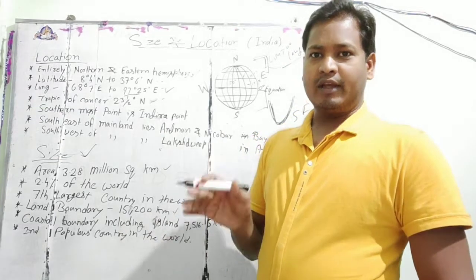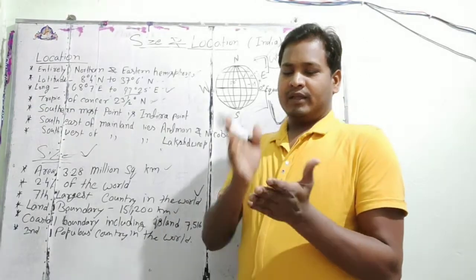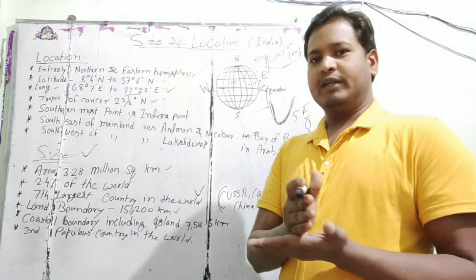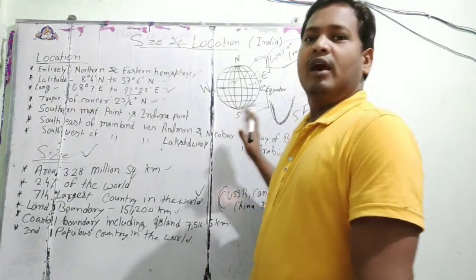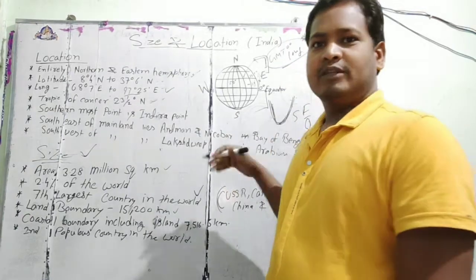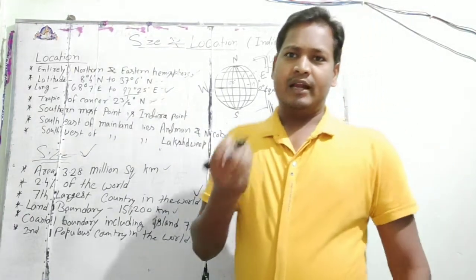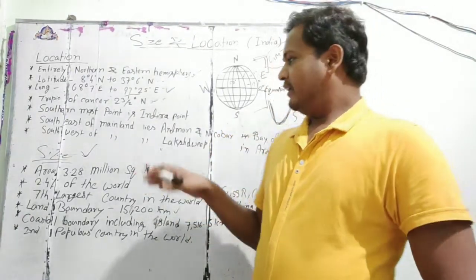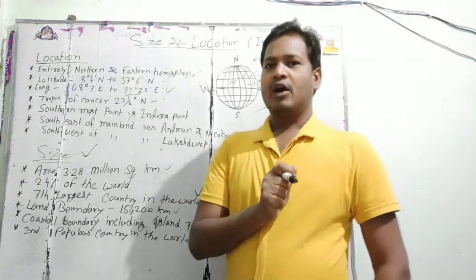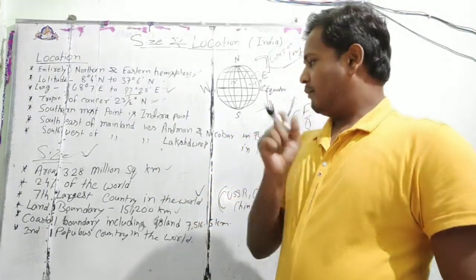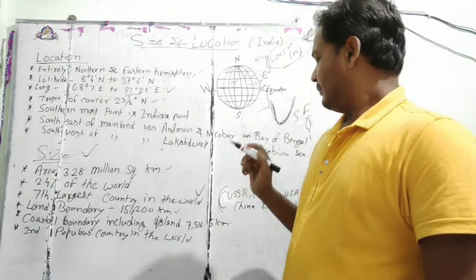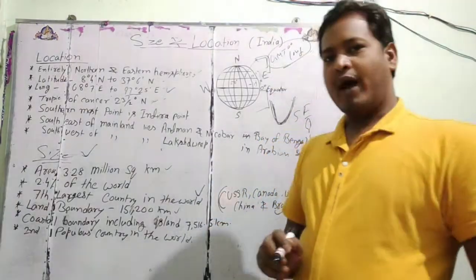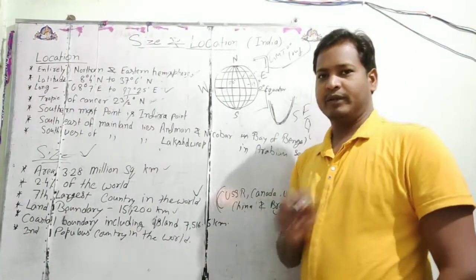If we talk about the coastal length of India including islands, that means it includes Lakshadweep as well as Andaman Nicobar Islands also. And the total length of coastal boundary of India, including islands, is 7,516.6 kilometers.